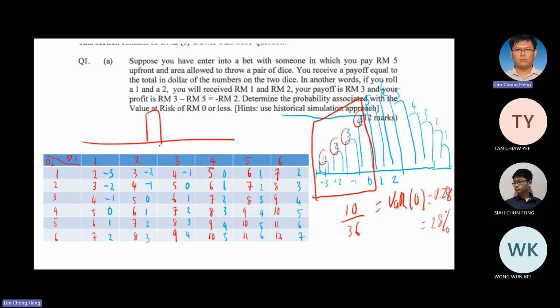Example, 0 to -5, then -5 to -10, and then to -15, and then this is 5 to 10. You can plot your histogram like this.